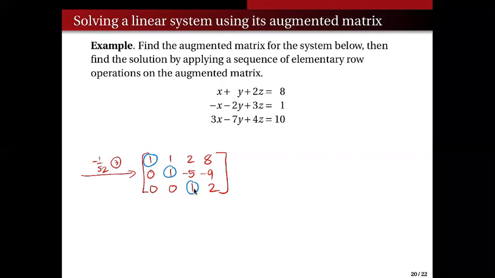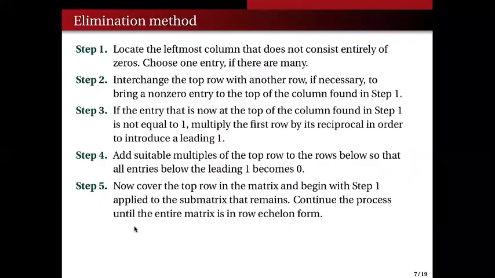The leading 1 on the third row is to the right of the leading 1 of the second row. So there are no 0 rows here, so we don't have that second criterion.